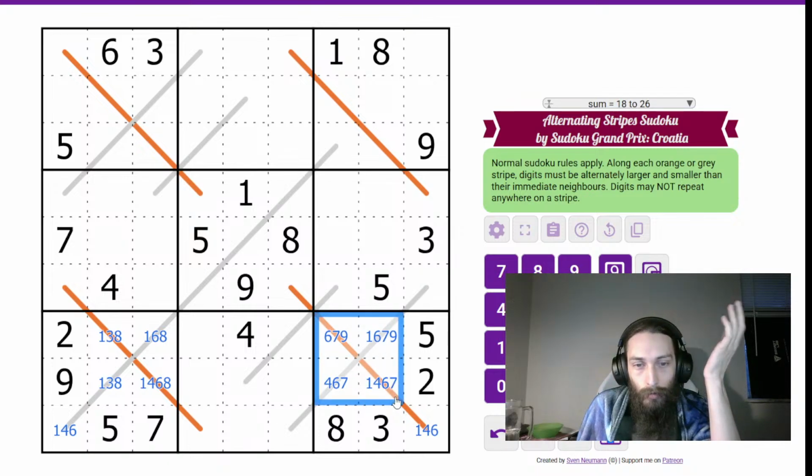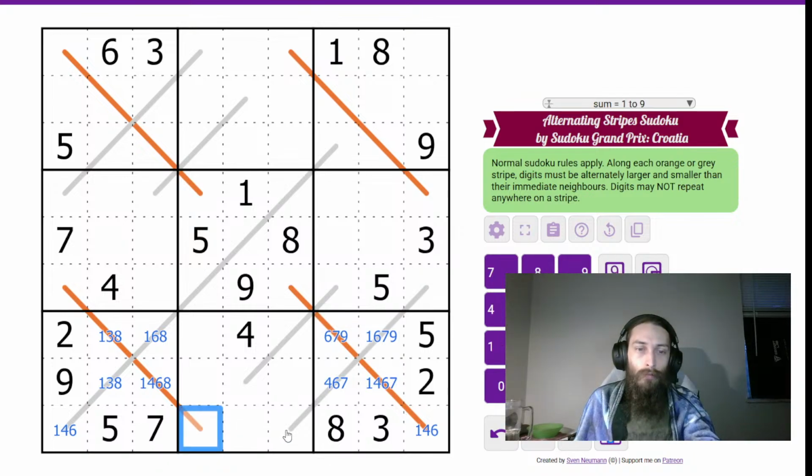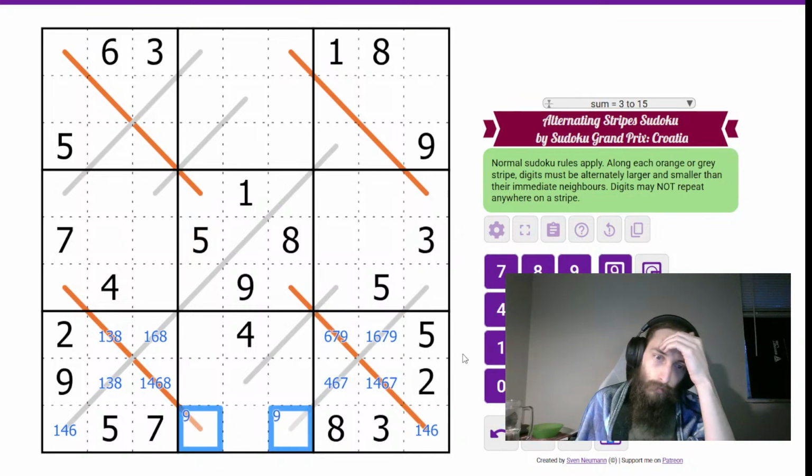Well, I guess the 9 over here proves that we had the rules wrong, because one of those two is 9. Right? Which makes 9 one of those two.